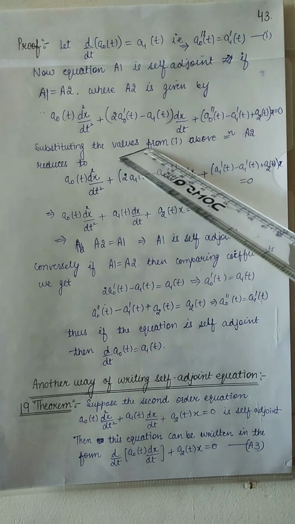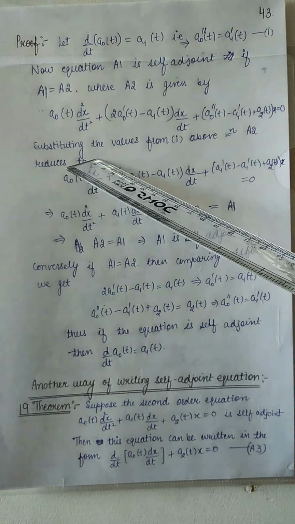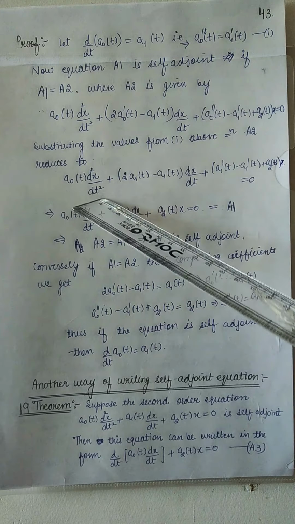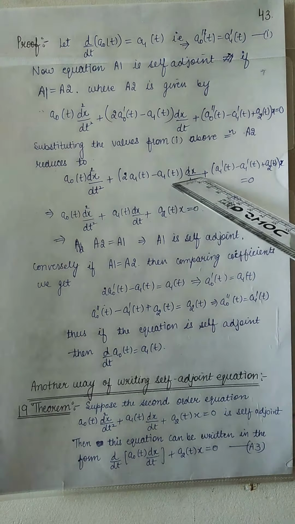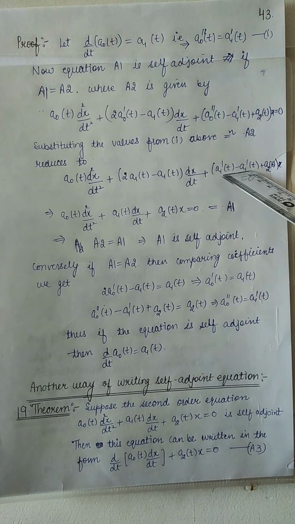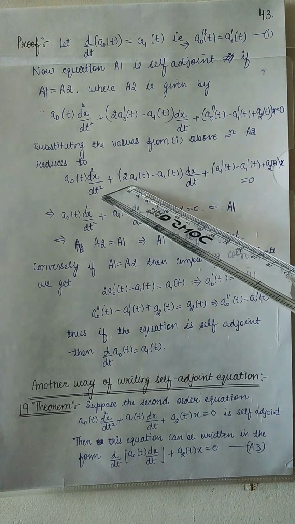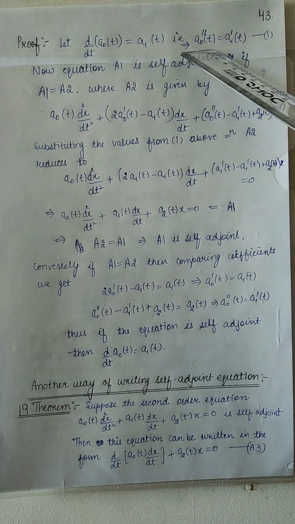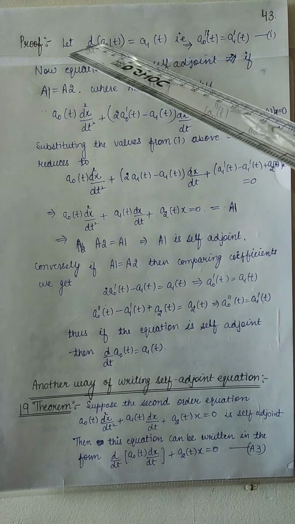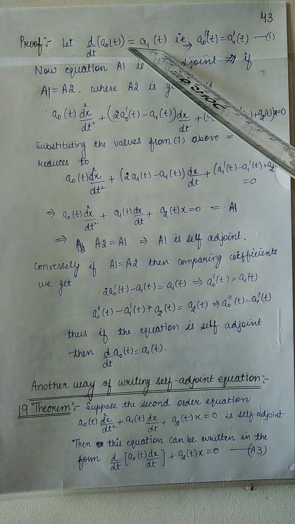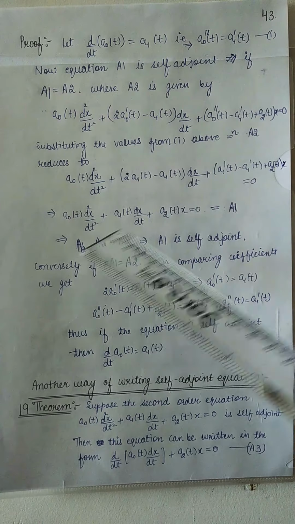Substituting the values from above, equation A2 reduces to a naught t d square x by dt square plus 2a1 t minus a1 t dx by dt plus a1 dash t minus a1 dash t plus a2 t x is equal to 0, because we have given that a naught double dash t is a1 dash t and a naught dash t is equal to a1 t. So we substitute the respective values here.